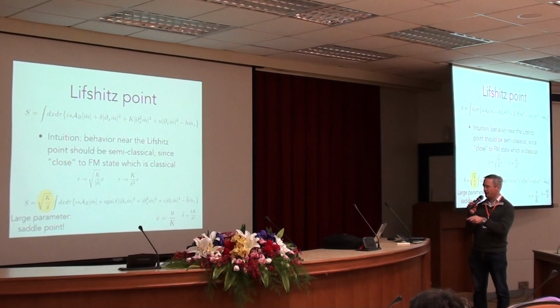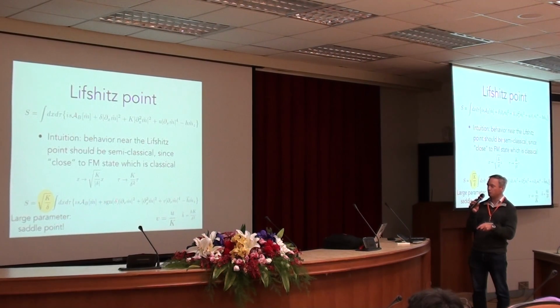You can analyze this by going to non-dimensional variables. We rescale position and time in order to make the coefficients of the fourth order and second order terms the same. So this uniquely determines how to rescale position and time. And if you do this, you end up bringing out an overall factor of square root of k over delta, and everything in the action becomes basically dimensionless.